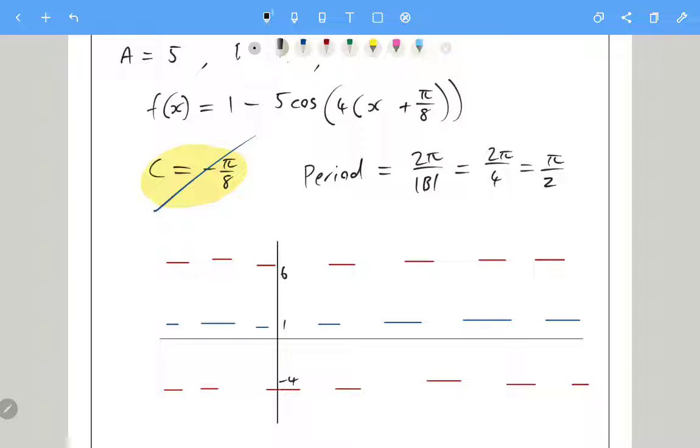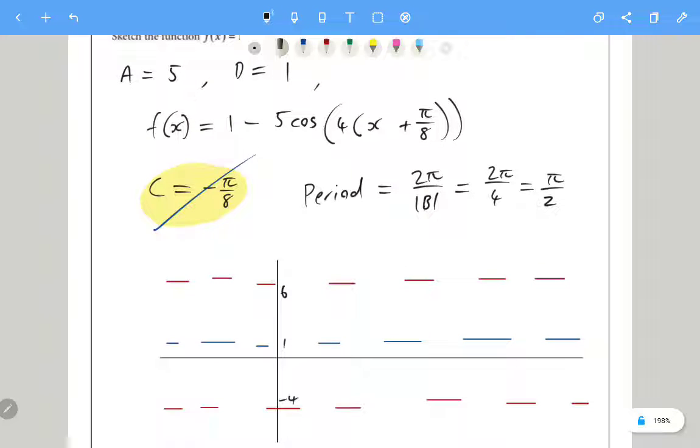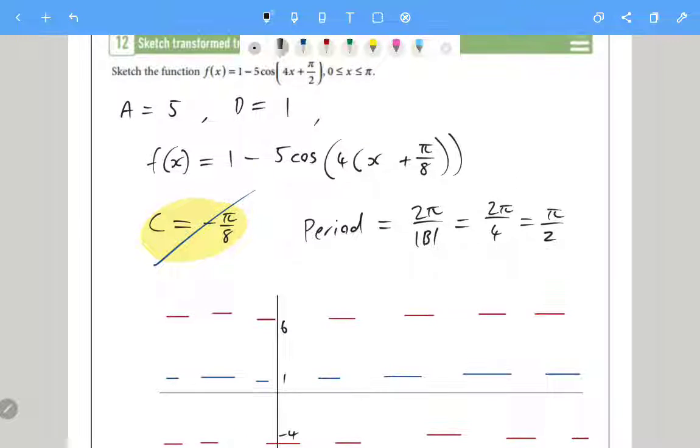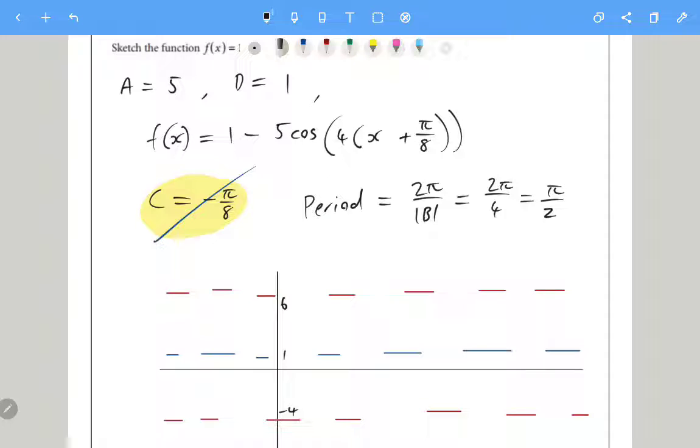And it's a cosine function. Now cosines usually look like this, but I see that there's a negative out the front. A negative out the front of a cosine function is a vertical reflection, meaning that instead of starting at the top, it is going to start reflected at the bottom. So it has been reflected.